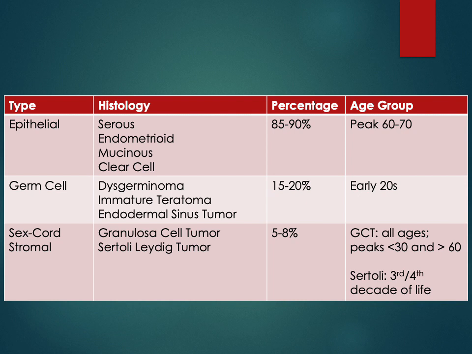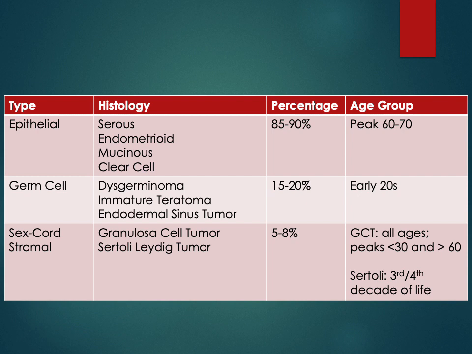There are different age distributions for these different subtypes. Epithelial, you're typically going to have older women in their 60s, 70s, and even 80s. Germ cell tumors are much less common, typically in younger women in their teens or 20s. And for sex cord stromal, there's often a bimodal distribution, at least for the granulosa cell tumor.